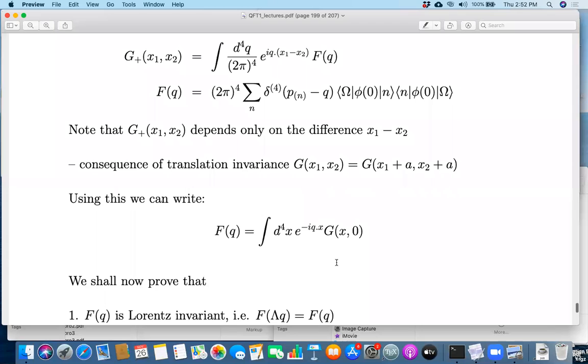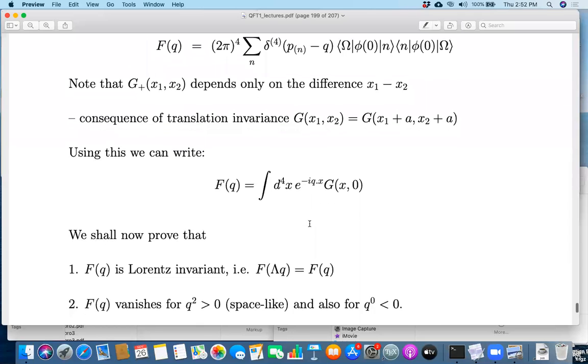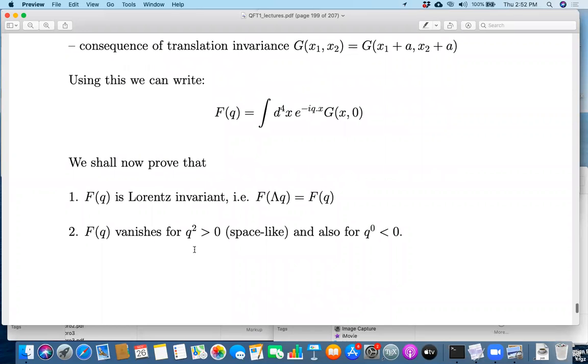Now using this and the relation over here, we basically have two expressions for f(q). One is this, the other one is as the Fourier transform of G plus. We'll prove these relations. First of all, we'll prove that f(q) is Lorentz invariant. That means if we replace q by lambda q, then f takes the same value.